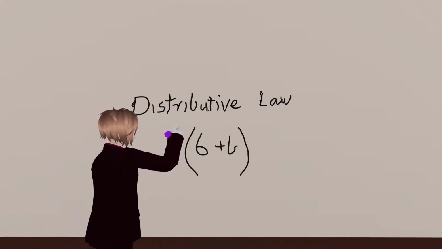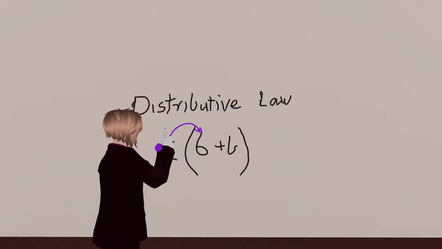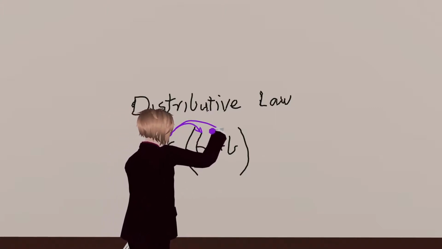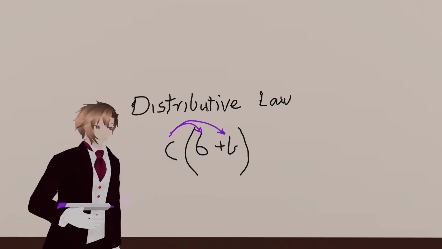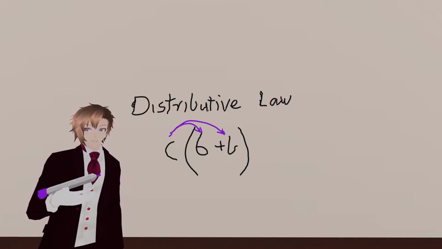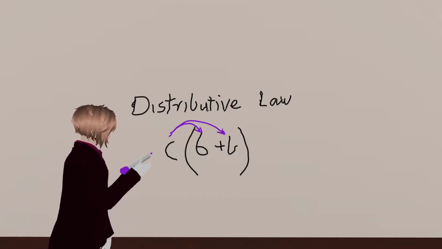So what we do is we multiply C by 6, and then we multiply C by B. In the middle there, I said an "and" and that's important.